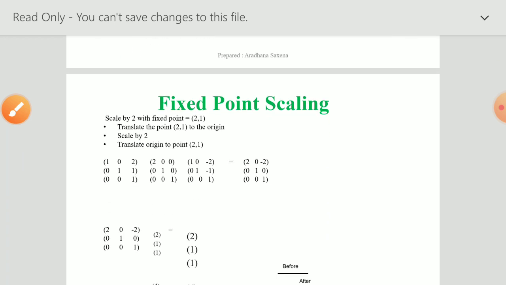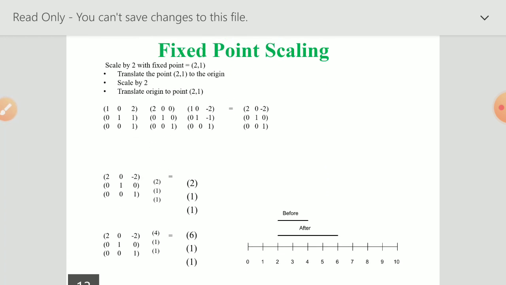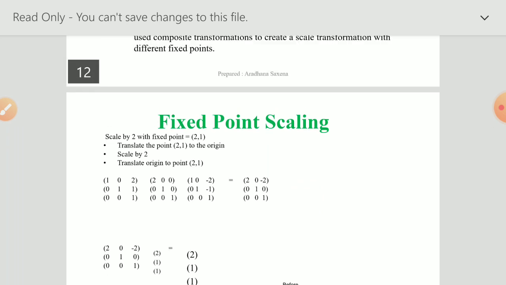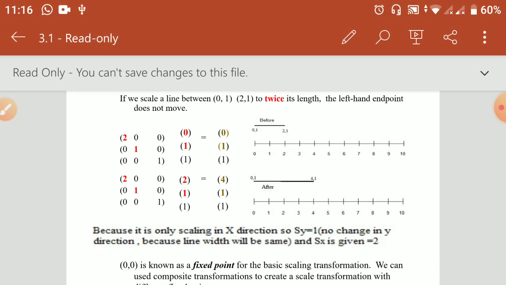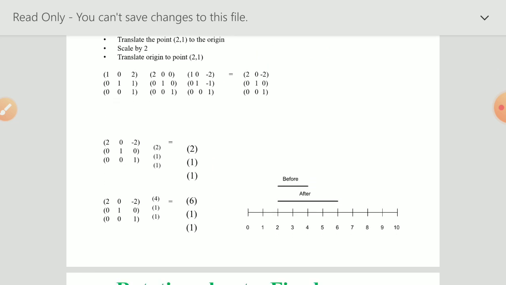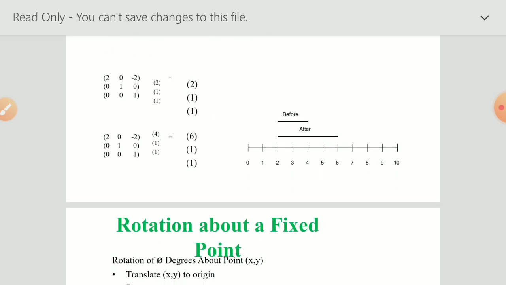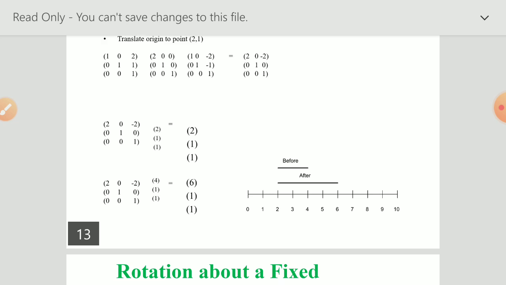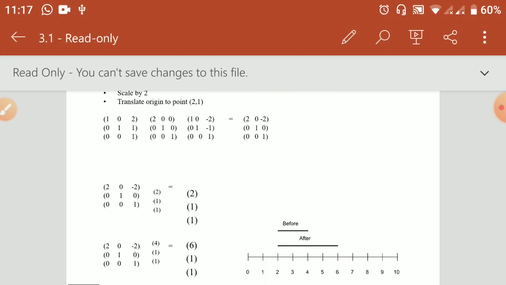This is another, fixed point scaling. Fixed point means a point is given. In the last question we did scaling with origin, and here we don't have to scale it with origin.